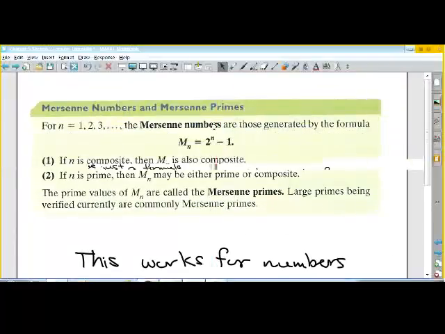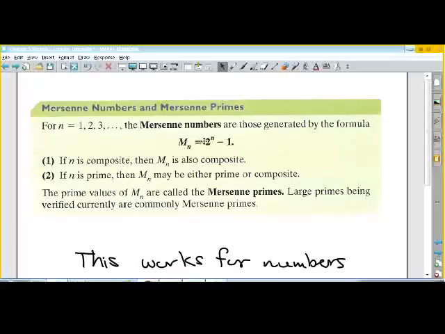It's just to show. So there's this thing called Mersenne primes, and the numbers are first, if you choose n to calculate this number, where n is either a composite number or a prime number. Remember, a composite number is a number that's not a prime number.